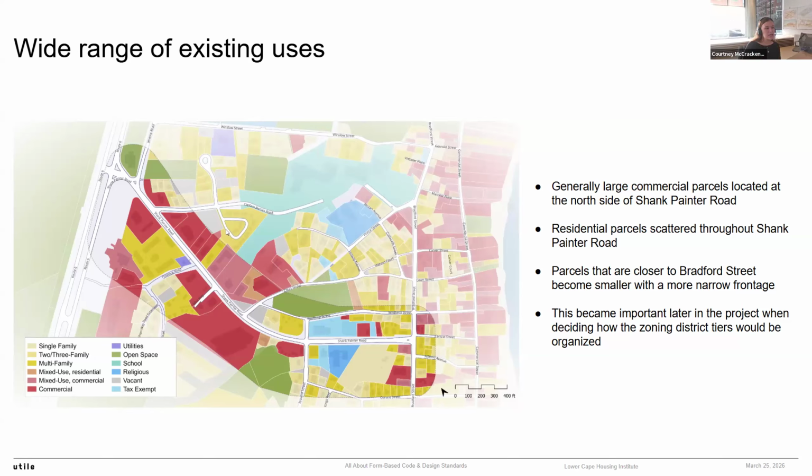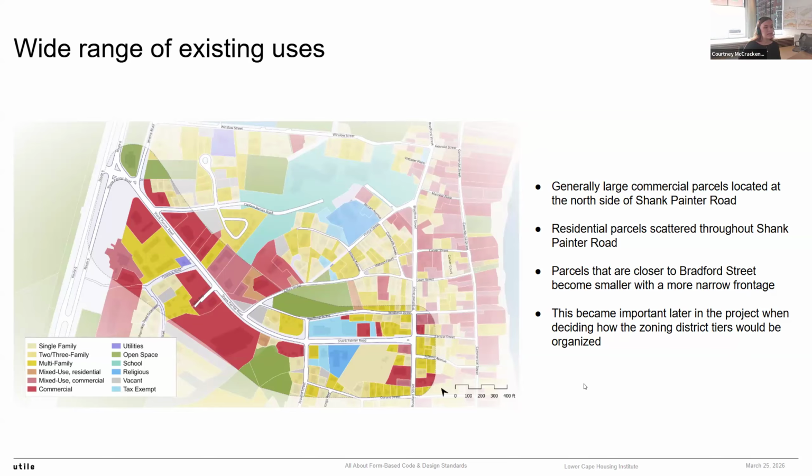The north side is that a lot of the parcels were significantly larger commercial parcels, and at the south side, they were a lot smaller, and it tended to be more multifamily or single family, where it started to get closer to Bradford Street or Commercial Street. So this became important when we were thinking about the two different zoning districts that we ended up formulating for the final zoning, which again, I'll get into after.